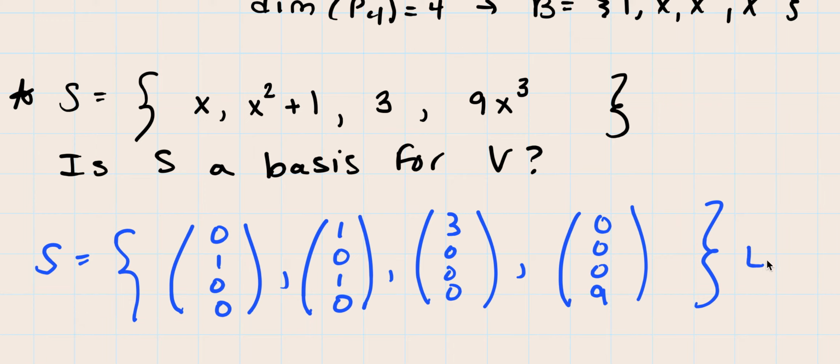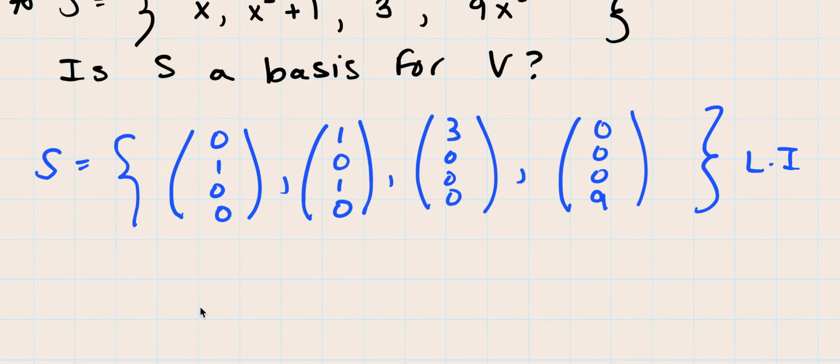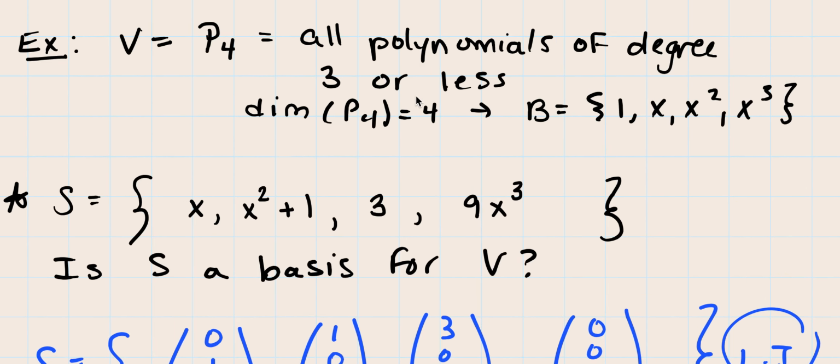so they're linearly independent. Again, you can put them in an augmented matrix and try to get it in reduced row echelon form, and you'll see that the reduced row echelon form is the identity matrix. So they're linearly independent, and that tells us that this set is linearly independent, which means they span, which means they're a basis.